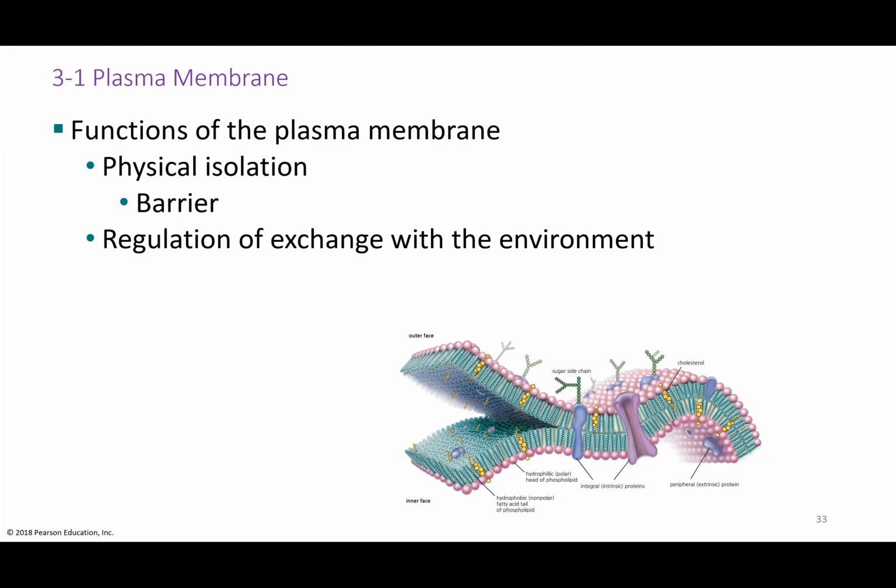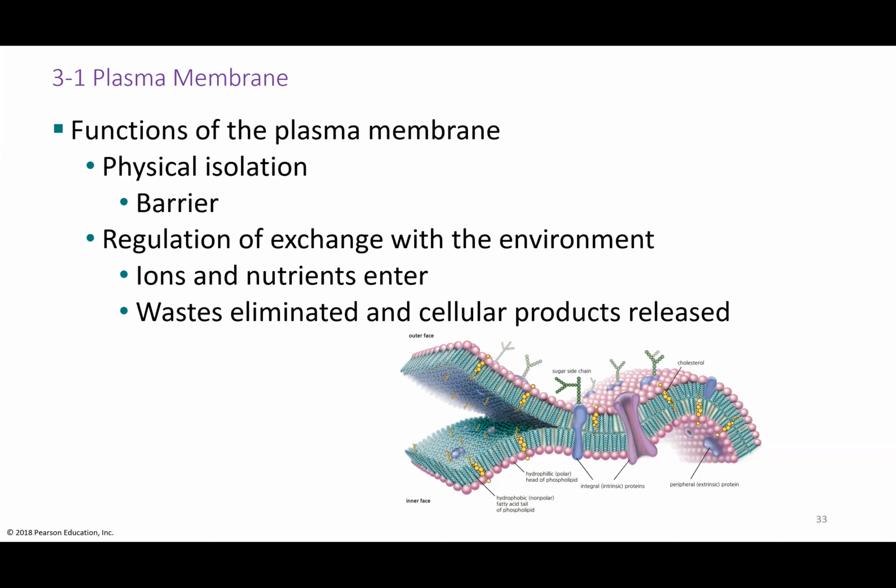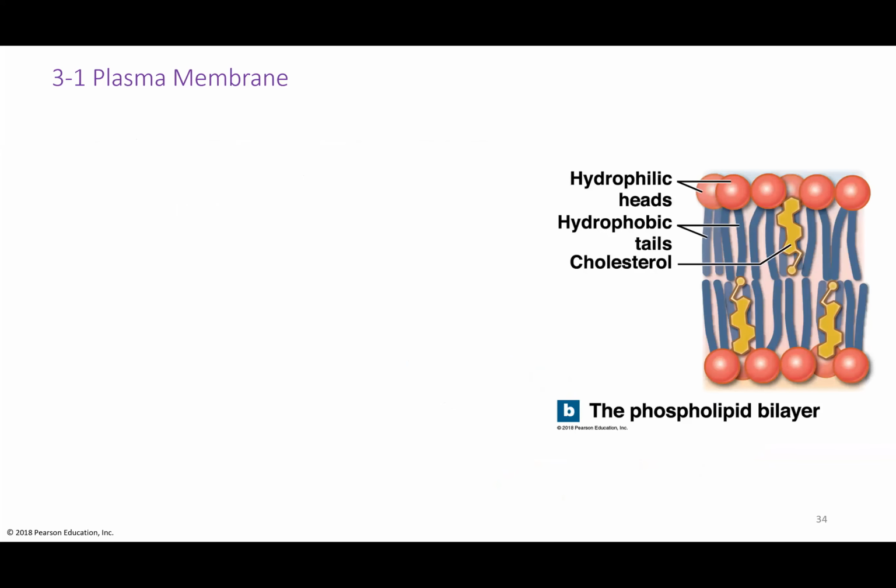So it regulates the exchange of substances with the environment. So it allows ions like calcium, sodium, potassium to enter the cell, and nutrients like glucose, and also allows wastes to be released and cellular products that have been created.